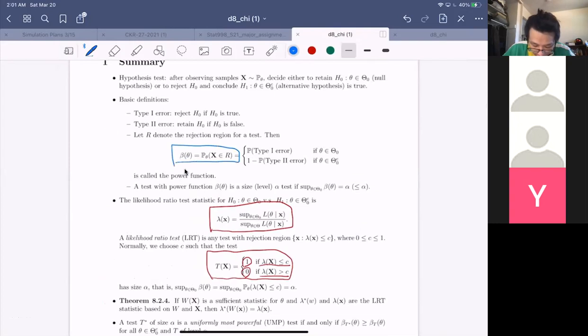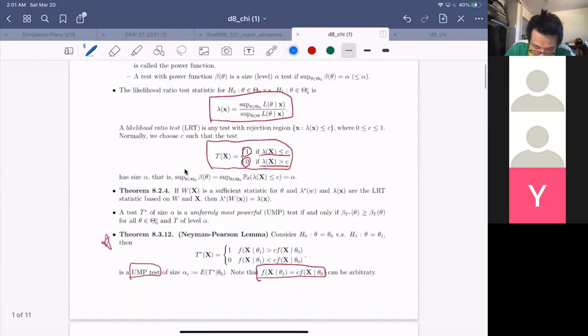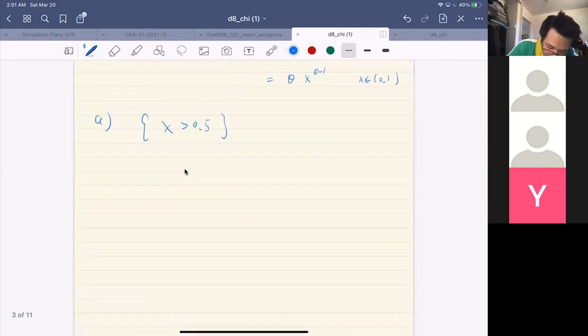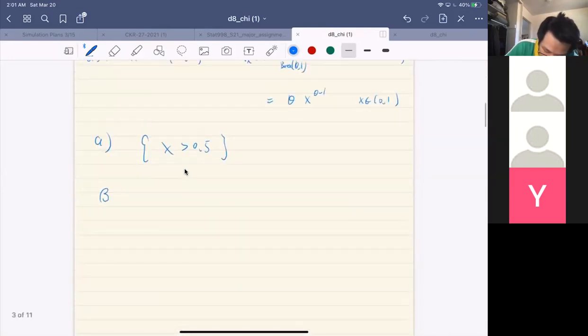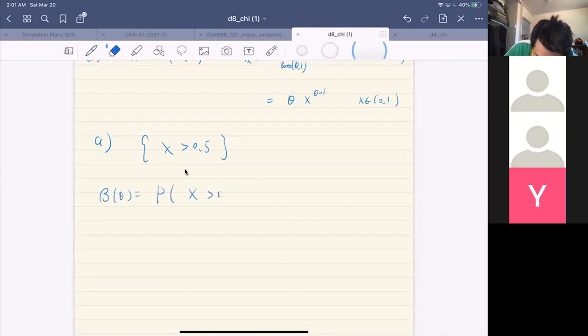This is the probability that we reject the null. So the beta of theta will be the probability of x greater than 0.5 conditioned on theta.